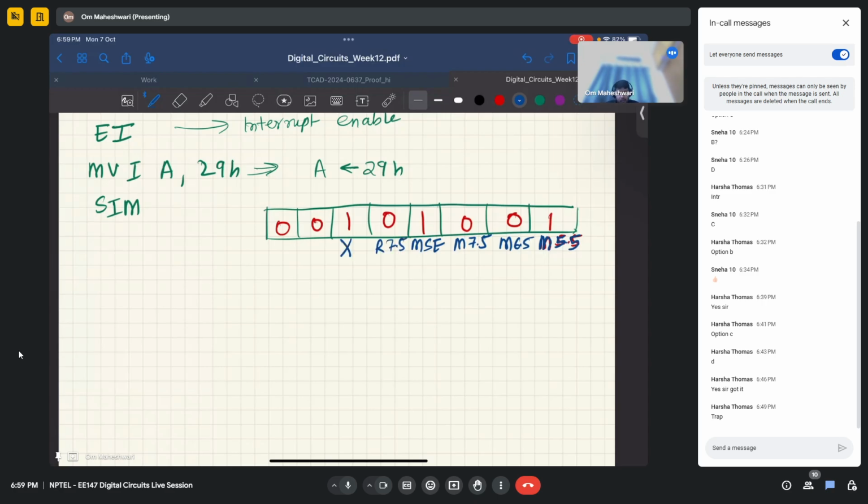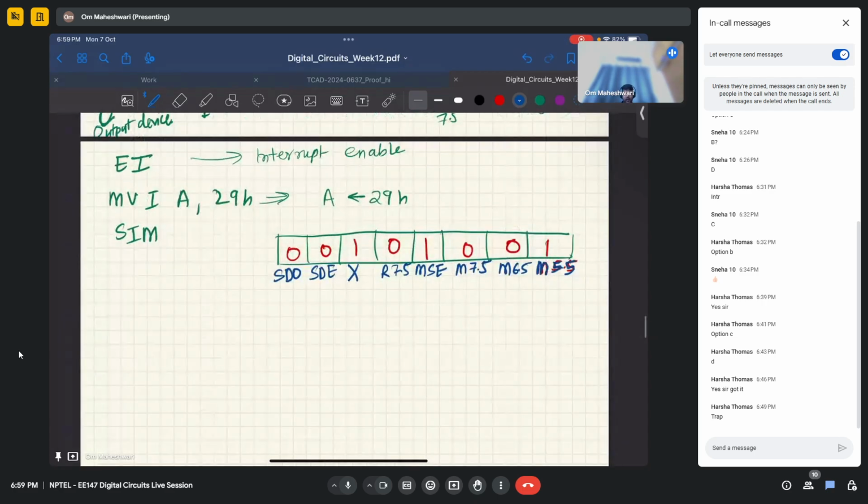This does not do anything. This is serial data out. Serial data enable is serial data out. Okay, so here we can see M5.5 is 1. That means RST 5.5 is masked, which means this RST 5.5 is unavailable.